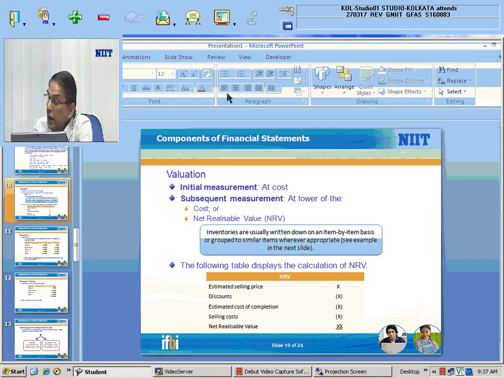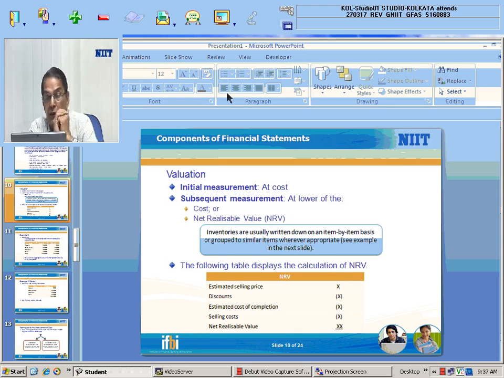We'll see an example in the next slide regarding grouping of items of inventory of similar nature. So writing down of inventory can be done item by item, or by grouping the similar items of inventory and then writing down for the group whenever it is appropriate.